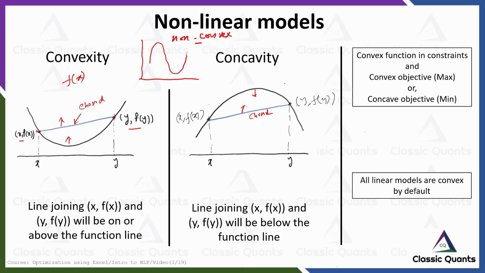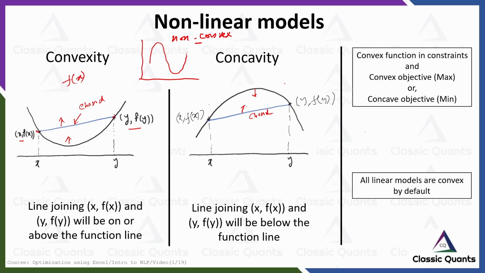So okay, that is fine, but why are we discussing all these things? Because you see, the method of solving or the ease of solving depends on whether the function is convex or concave.